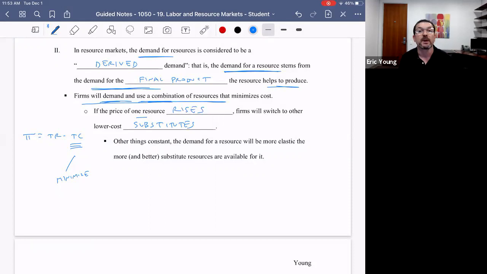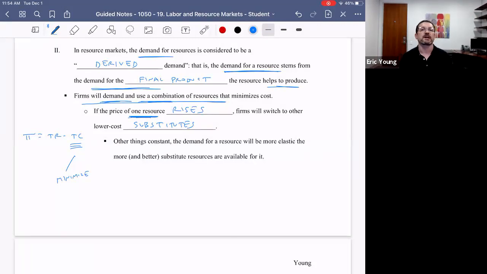Let's take, for example, an increase in the minimum wage. Let's say that the state of California really hikes up the minimum wage, which is primarily going to affect unskilled workers. Well, you can bet that if the price of one resource, in this case unskilled workers, rises because of the minimum wage, firms are going to look around and seek to substitute.